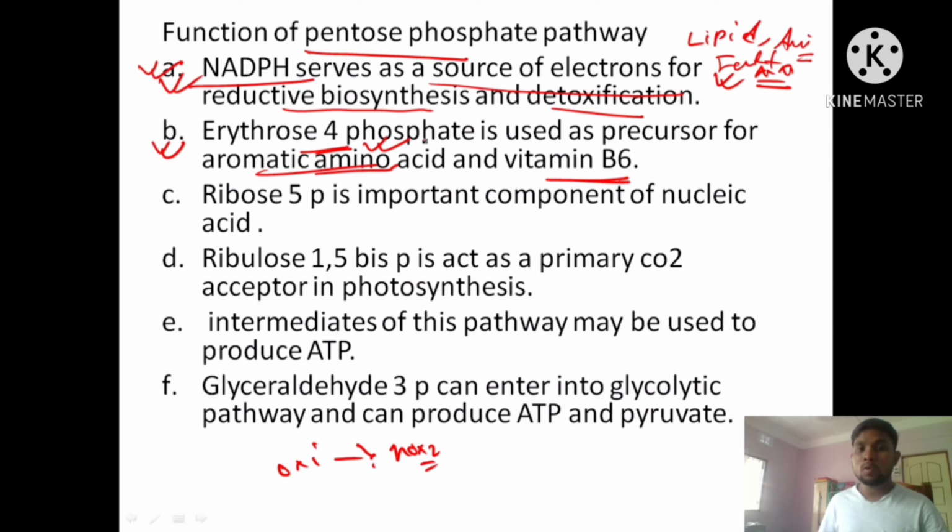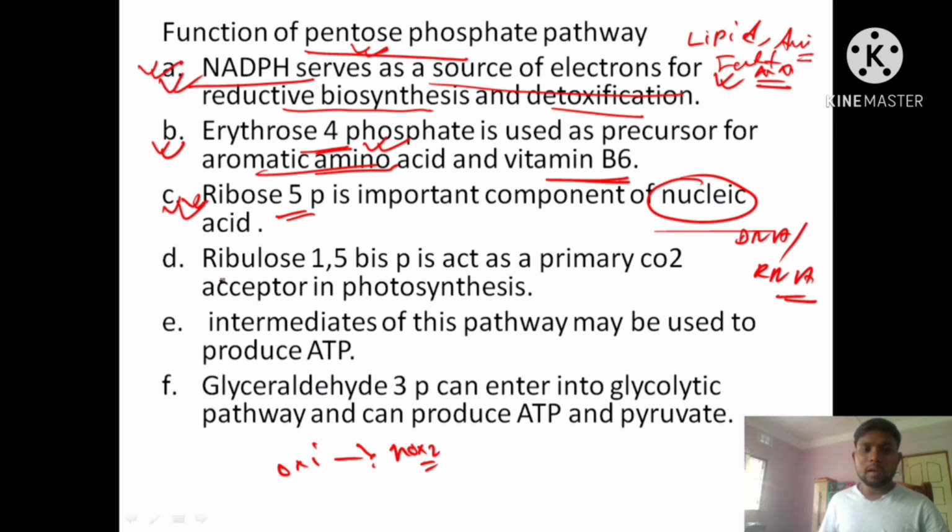For erythrose 4-phosphate we need the pentose phosphate pathway. Again, ribose 5-phosphate, if you know, ribose is the important part of nucleic acids. Without ribose, we don't have DNA or RNA. So ribose sugar is important, and where is it generated from? By the pentose phosphate pathway. So the pentose phosphate pathway is important.